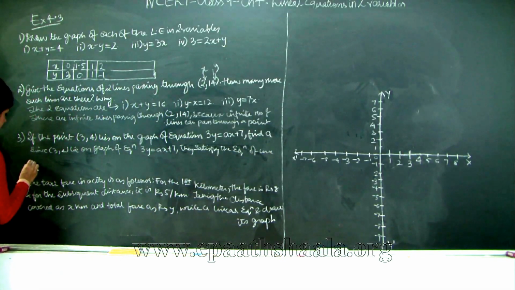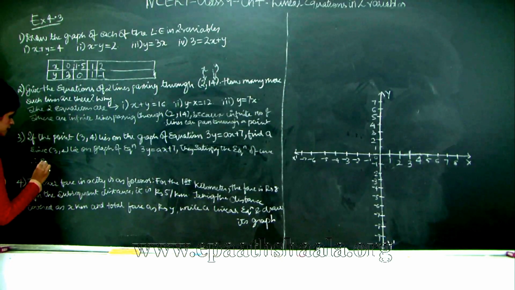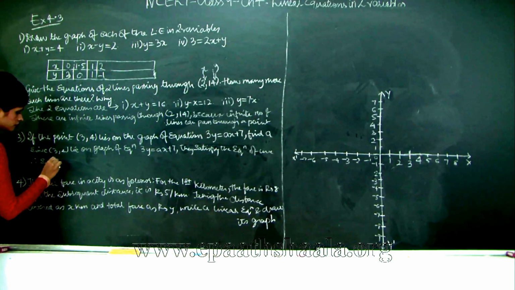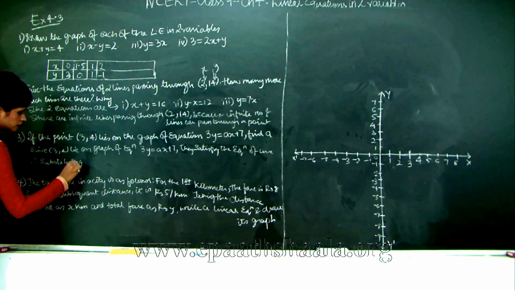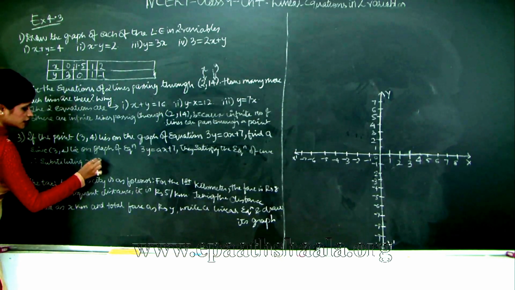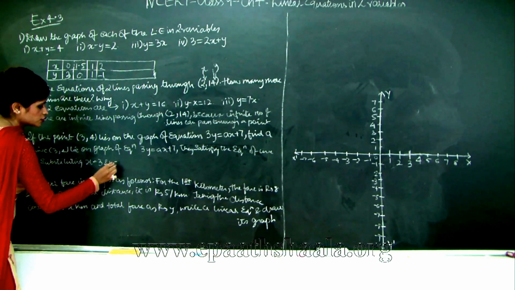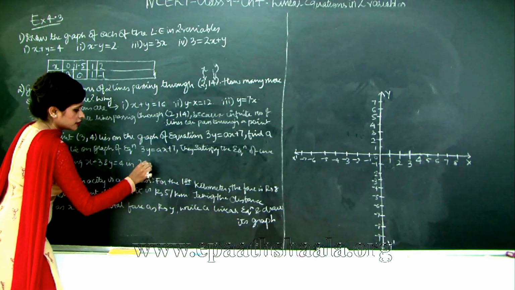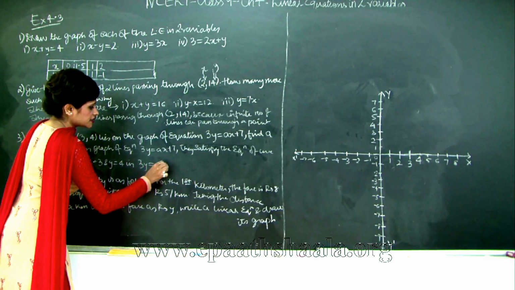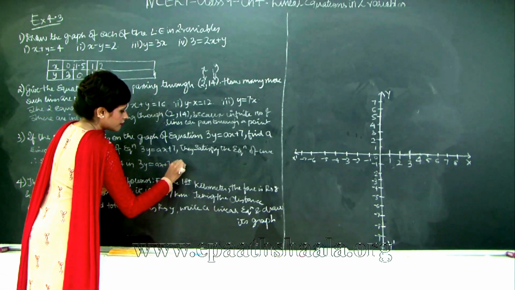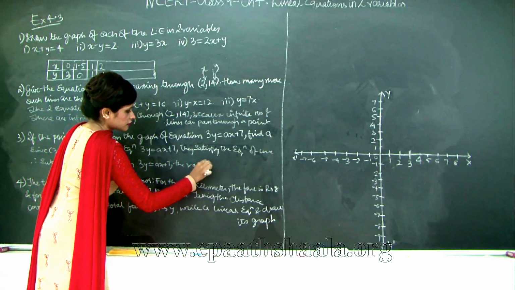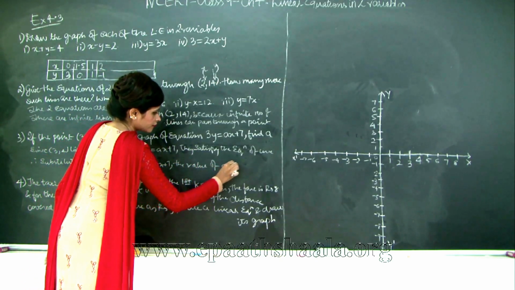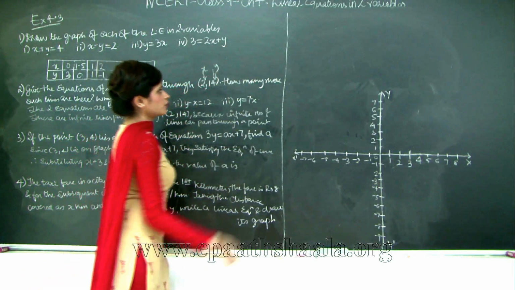Therefore, substituting x is equal to 3 and y is equal to 4 in 3y is equal to ax plus 7, we find the value of a over here.